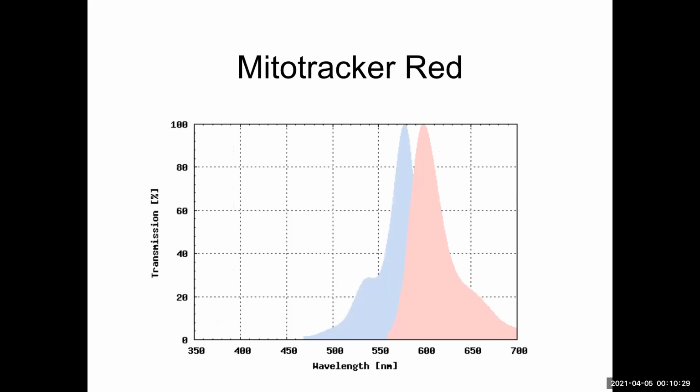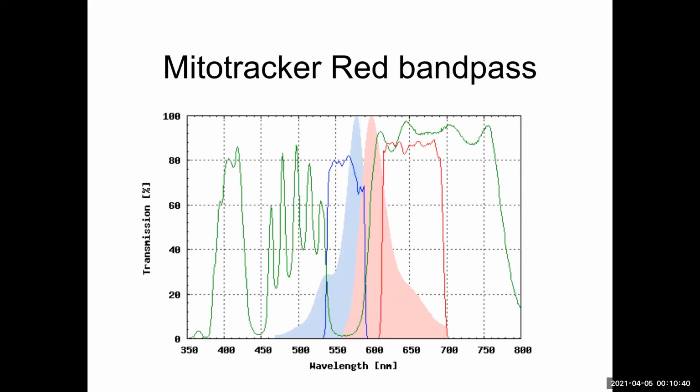Okay, let's look at some red fluorophores. So like all the way over in the 600s with the emission, the excitations in the 550s and so on. So what are we going to do with that? Well, once again, we're going to match the filter set to the spectra of the fluorophore. And this is a good example of a combination where you're missing the peaks, just the way this fluorophore is.